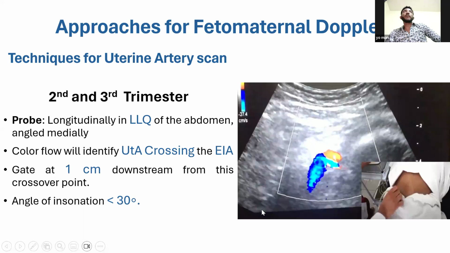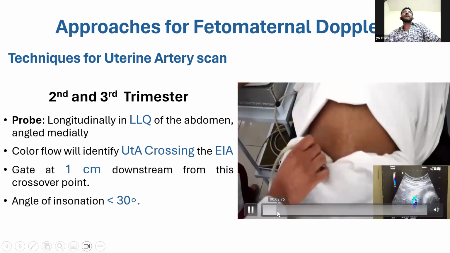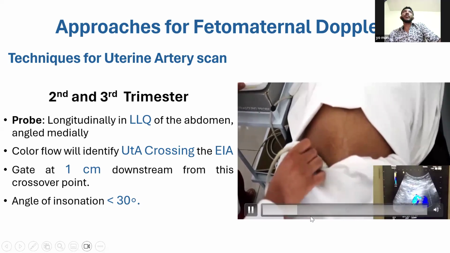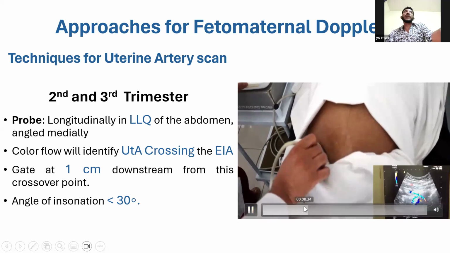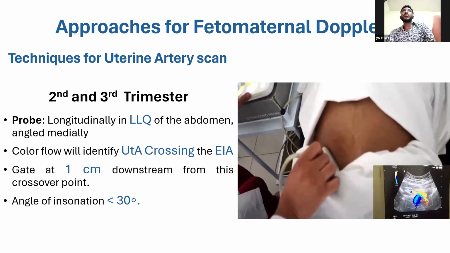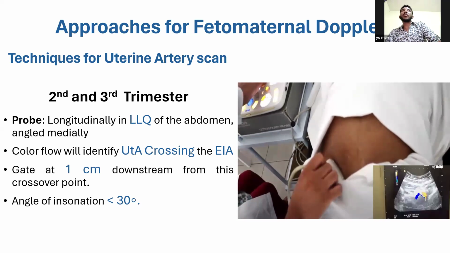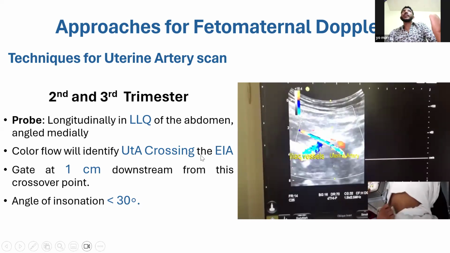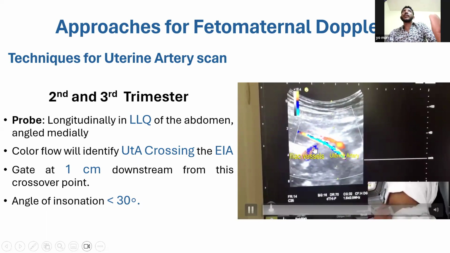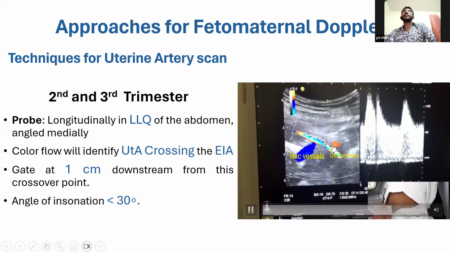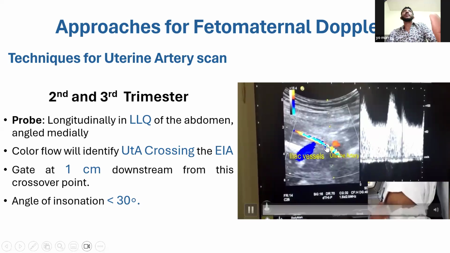Here's the probe placement, and you angle medially. After you identify the iliac vessels, you put on the Doppler. The uterine artery will be identified crossing the external iliac artery, okay? So this is the uterine artery. This is the uterine artery.